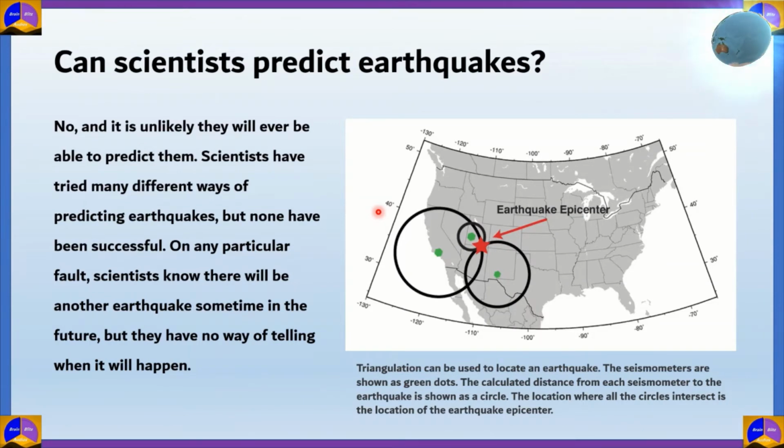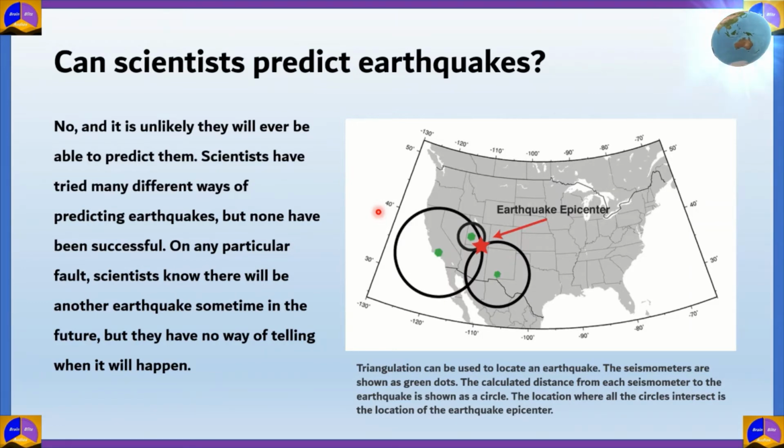Earthquakes occur under the surface of the Earth, and we've had various breakthroughs in technology in measuring earthquakes. But using this technology, can we predict earthquakes? No, not exactly. It's unlikely that we will ever be able to predict earthquakes. Scientists have tried many ways of predicting earthquakes, but none of them have been successful so far.